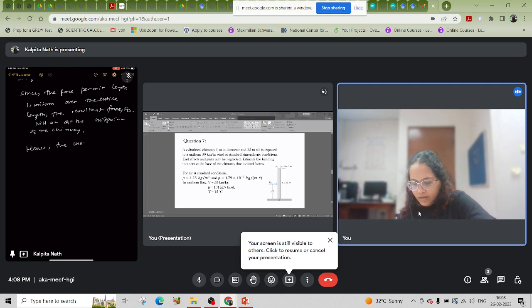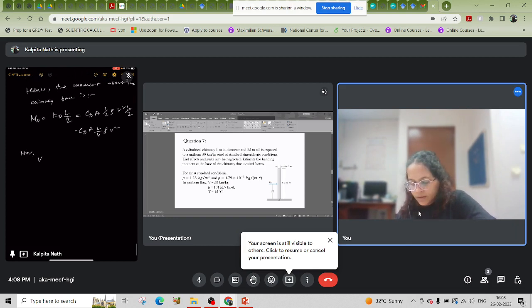the moment about the chimney base is moment M naught is equal to Fd L by 2, is equal to CD into area into half rho V square L by 2, is equal to CD into area into L by 4 rho V square.